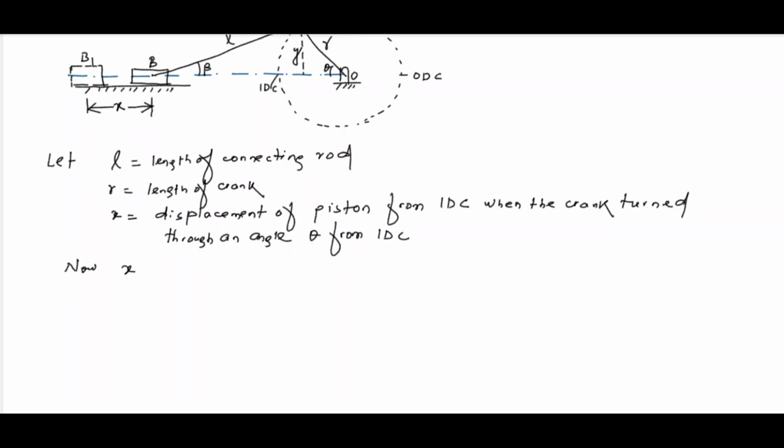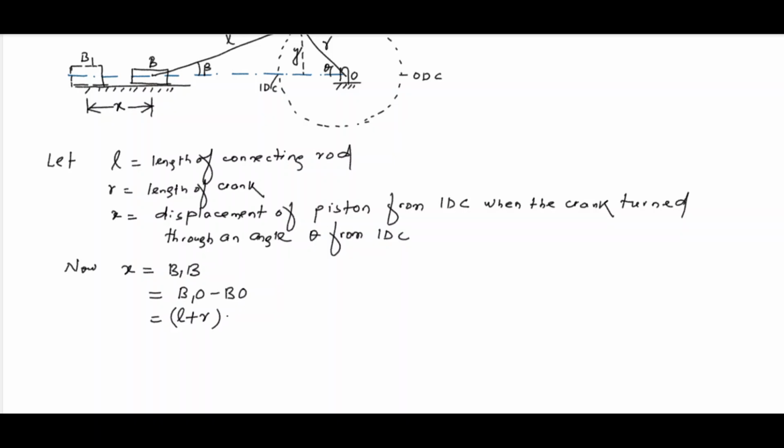Okay. Now we have this length X equal to B1B, or I can say this is equal to B1O minus BO. When the crank was at 0 degrees, B1O will be equal to the length of the connecting rod plus the length of the crank.